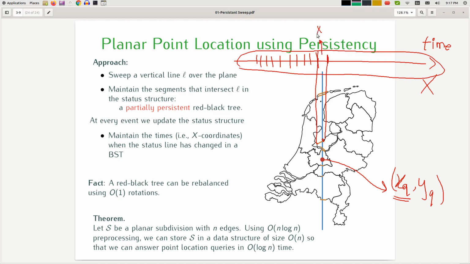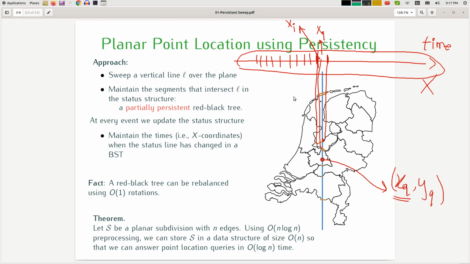So we find xq here, which gives you a value xi. What this means is that when the time was xi, we need to query this because this is the most updated version. Actually, maybe in this case xi is this one. This is the most updated version of the tree at this point in time that is relevant to the query.